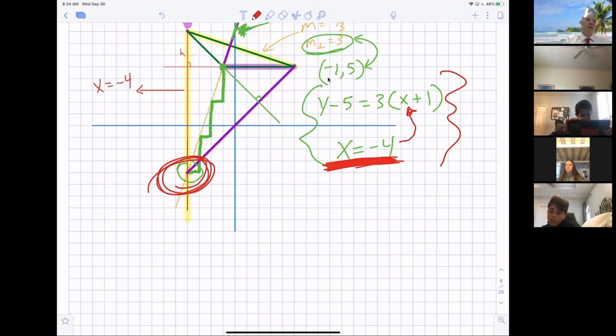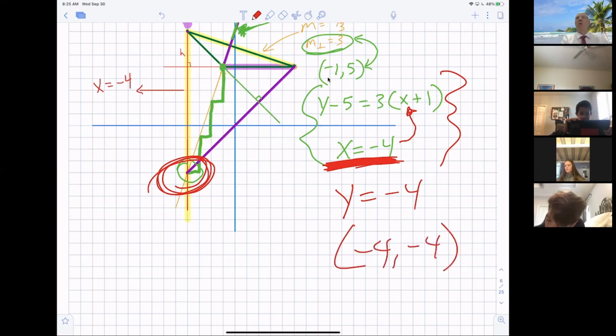And that should just be mental math. Negative 4 plus 1 is what? Negative 3 times 3. Negative 9 plus 5. So the y value should be negative 4. And what do you know? What is that point? That's the orthocenter, negative 4, negative 4.